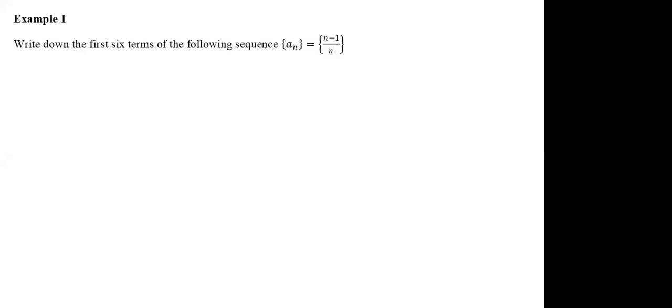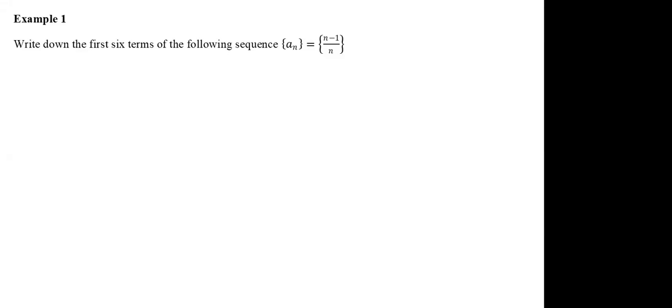Now, when n is equal to 1, what's the sequence going to give us? It is 0. Do you see that it's going to give us 0? When n is equal to 1, that is 1 minus 1 divided by 1. 1 minus 1 is 0, divided by 1 is going to give me 0.